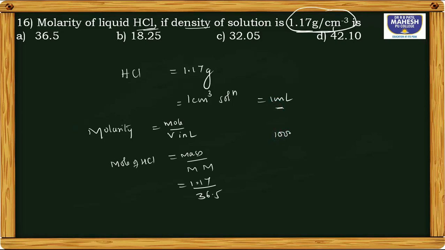I know that 1000 ml means 1 liter, then 1 ml means how many? Obviously it is nothing but 10 to the power minus 3 liters. So now let us substitute in this equation, students. This is 1.17 divided by 36.5 divided by 10 to the power minus 3. If we solve this, we end with the answer that is equal to 32.05. Which option? Option C.